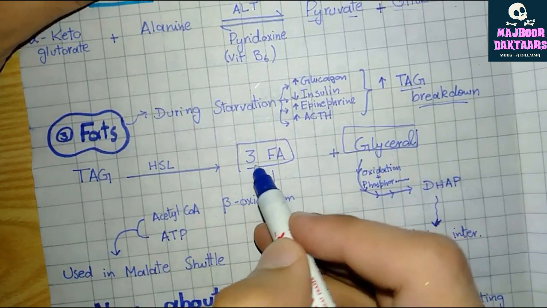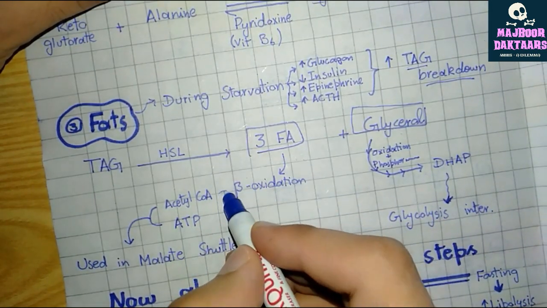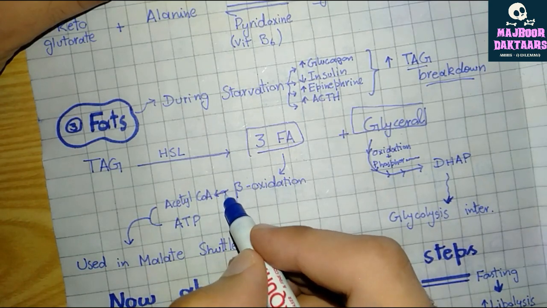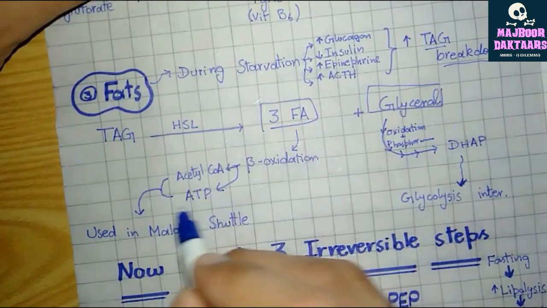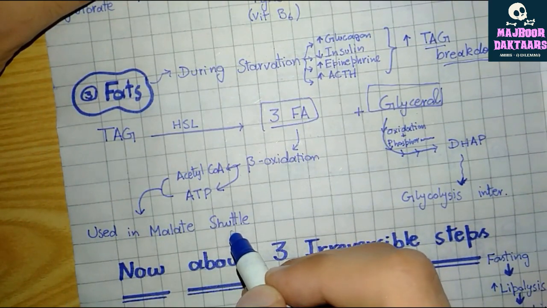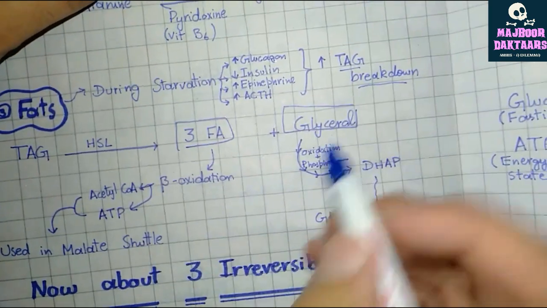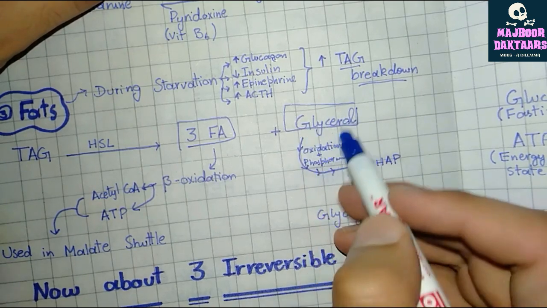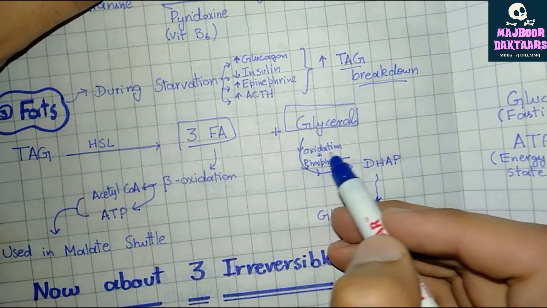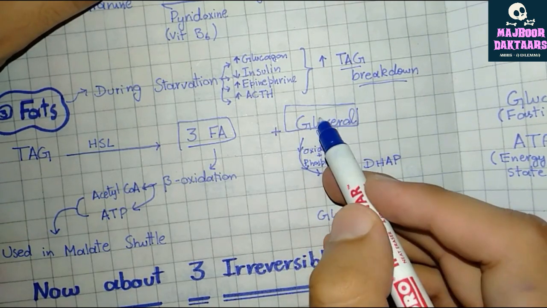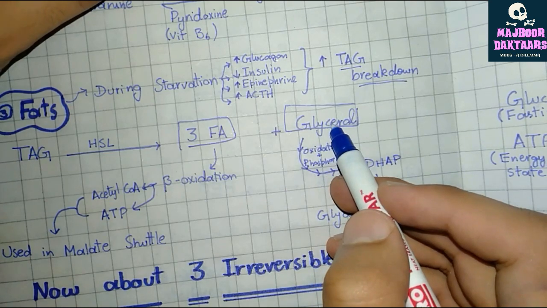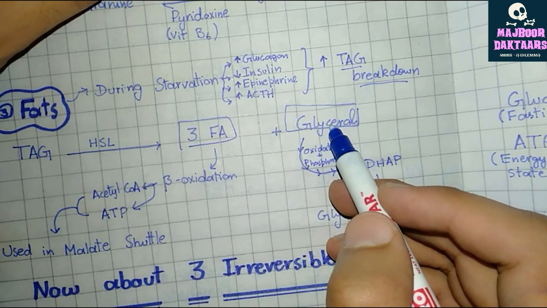These fatty acids produced undergo beta oxidation to form acetyl-CoA and ATP, both of which are utilized in the malate shuttle, which we are going to discuss next. Now the glycerol produced undergoes phosphorylation and oxidation. First it undergoes phosphorylation to convert into glycerol 3-phosphate.